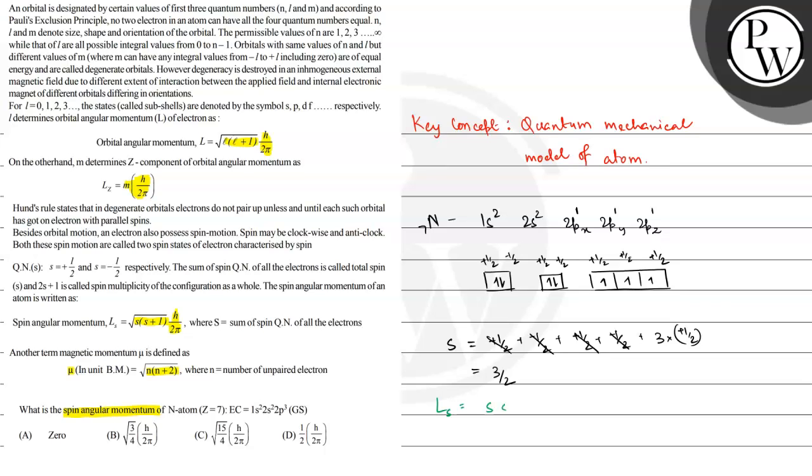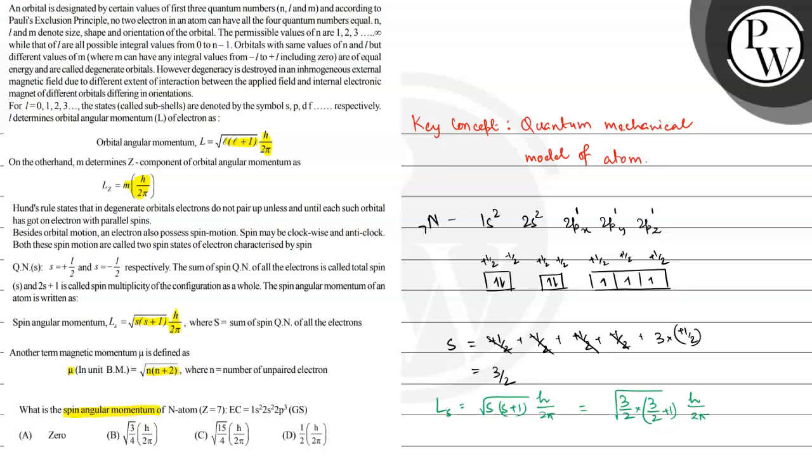Alright, so the spin angular momentum formula is this, that is Ls is equal to square root of s multiplied by (s plus 1), multiplied by h over 2 pi. So here the value of s is 3/2, so 3/2 multiplied by (3/2 plus 1), its square root multiplied by h over 2 pi.